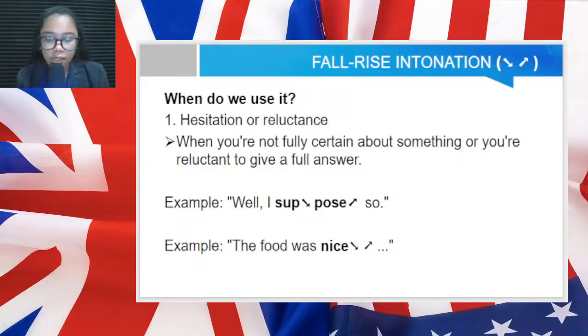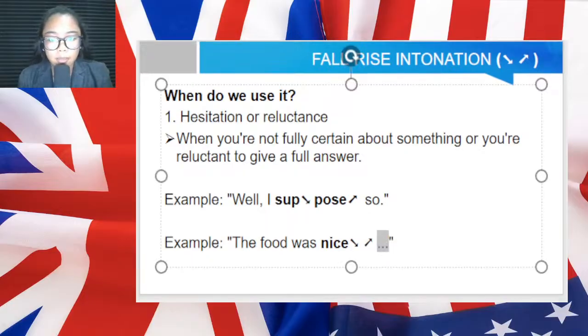Okay, let's continue with the second example, everyone. Now, consider the second example that we have here. The food was nice. Again, the food was nice. The ellipsis here, the three dots you can see, follows this phrase.